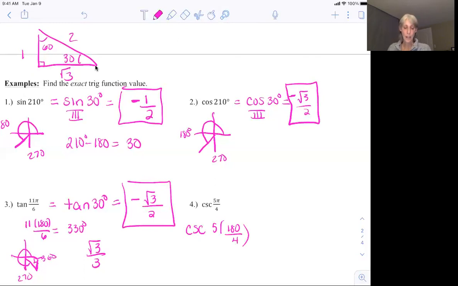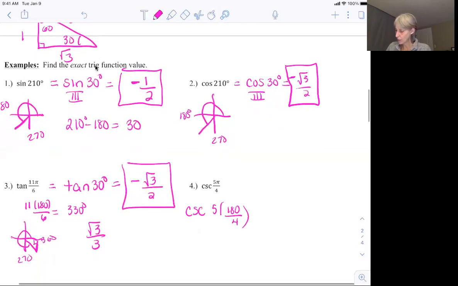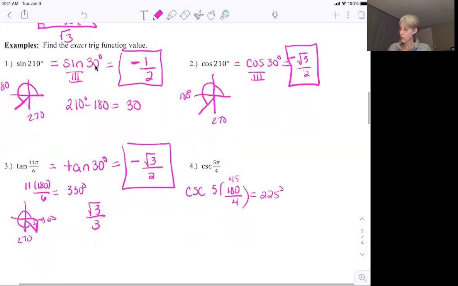Well, 180 divided by 4 is 45, right? So 5 times 45 is 225. So the cosecant of 5 pi over 4 is equivalent to the cosecant of 225 degrees.